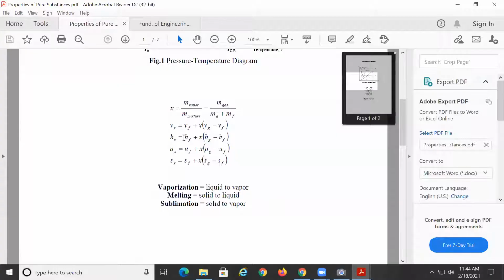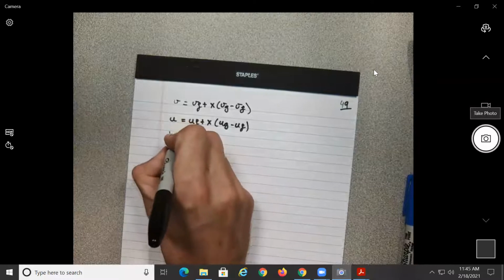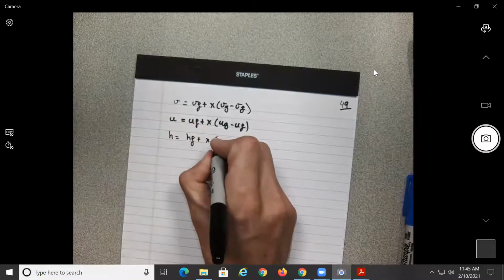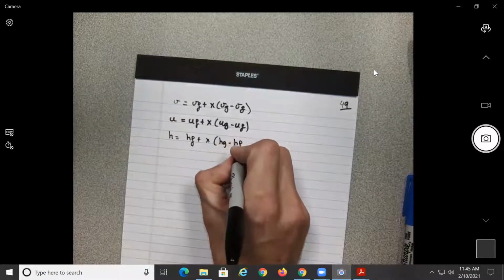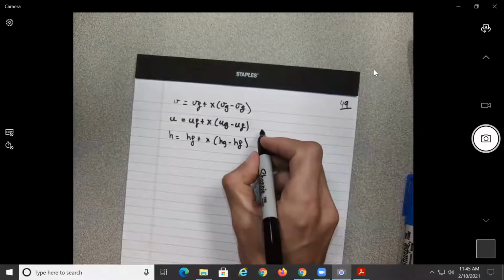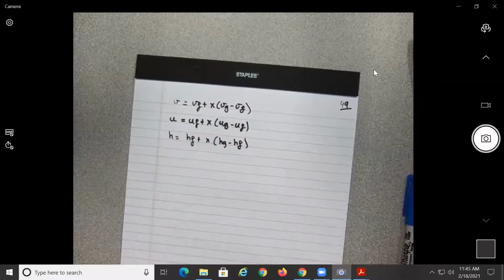I'm just copying them. H will be H sub F plus X times (H gas minus H fluid). So this is specific volume, internal energy, enthalpy, and then later on you have the same one for the entropy.